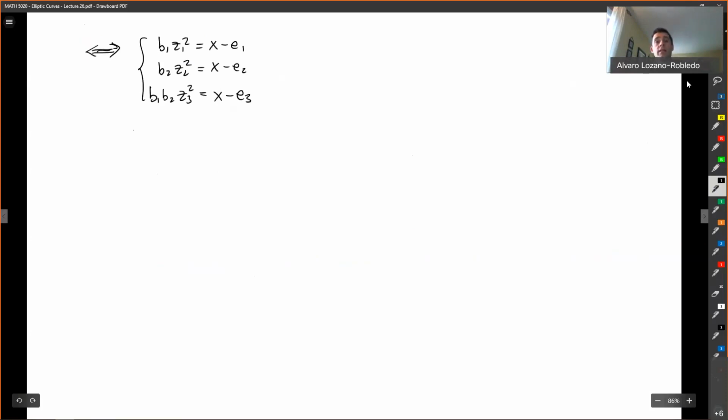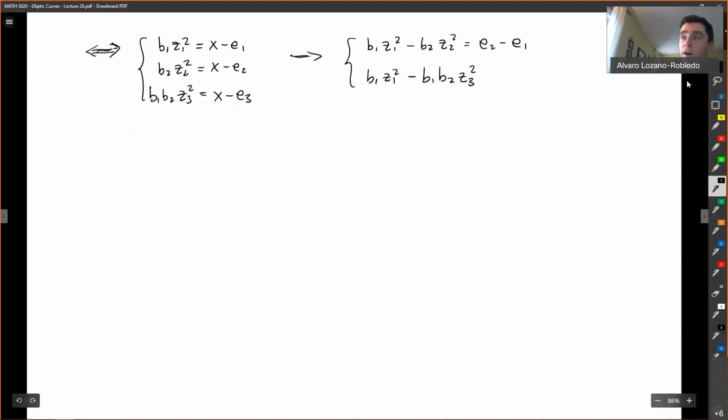But you see, then I can eliminate the coordinate x from this system, and that gives me a system: b1 z1 squared minus b2 z2 squared equals e2 minus e1, and b1 z1 squared minus b1 b2 z3 squared equals e3 minus e1.